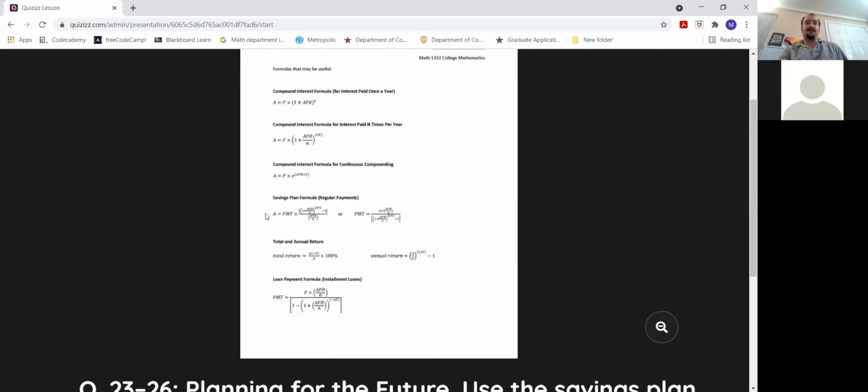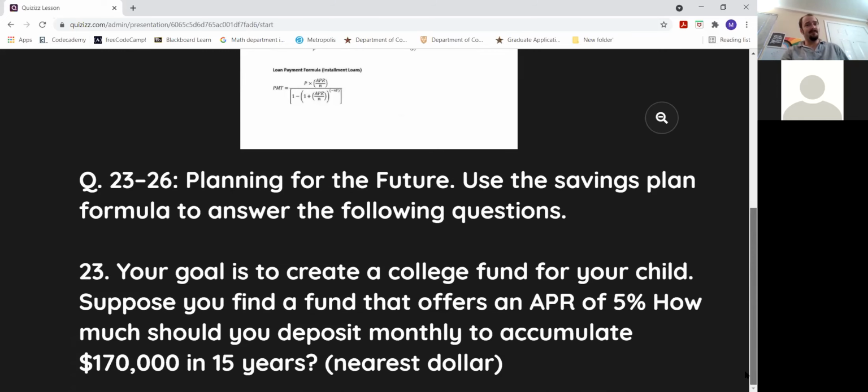If they're asking for what is the final balance, the end balance, the accumulated amount, you're probably going to want to use this one over here. It's already solved for this one. We're just plugging in numbers and solving. If we want to know what our payment is going to be, that's probably going to be this one over here that we're going to want to use.